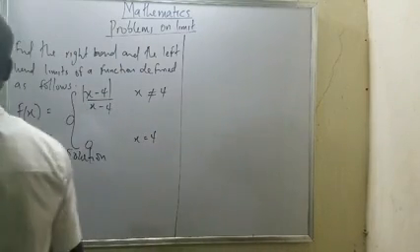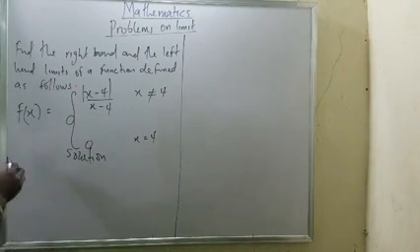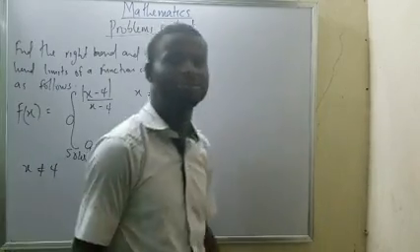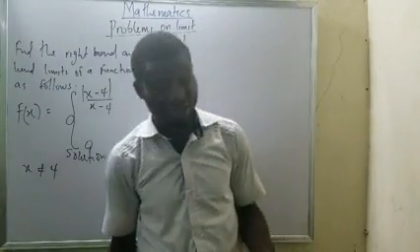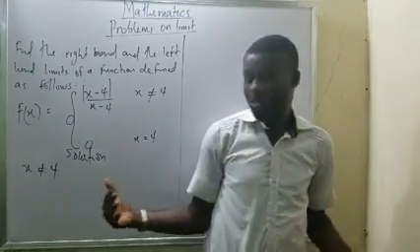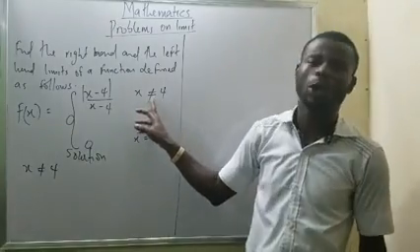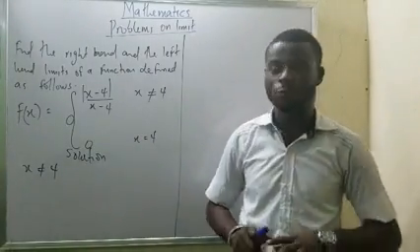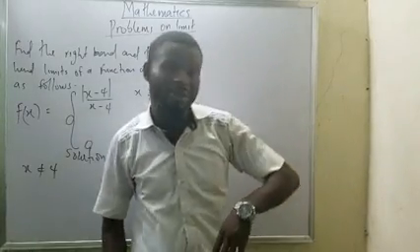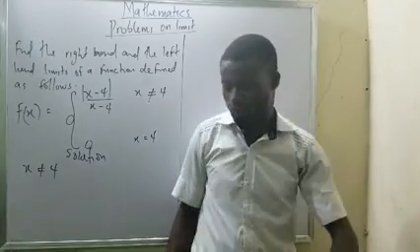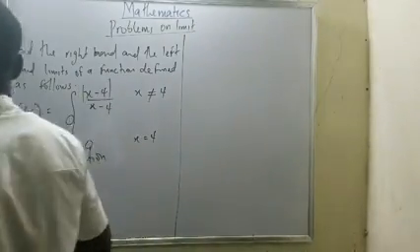When my x is not equal to 4, two or more things can happen. Inequality comes to play. This one is equality, this one is inequality. It can be greater, it can be less, it might be greater than or equal to, and can be less than or equal to. Now, let's see how it will come.